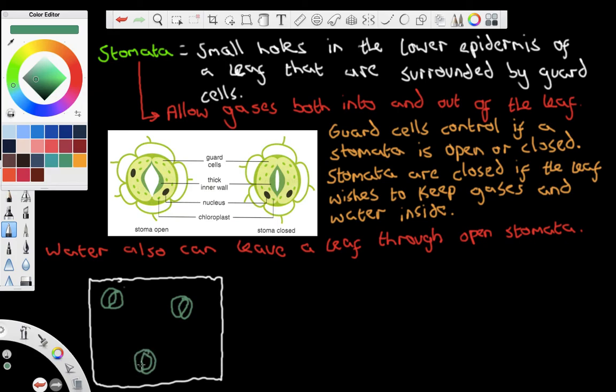It's that good. Anyway, so there's my stomata, and we can see that we've got 1 stomata, 2 stomata, 3 stomata. Okay?